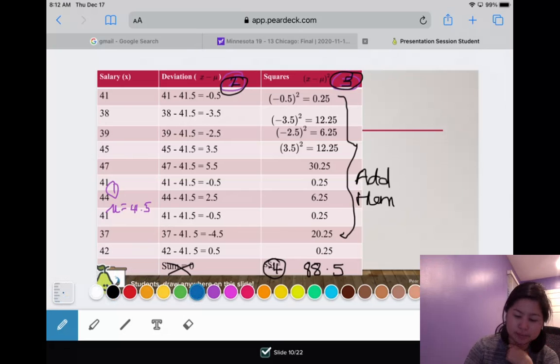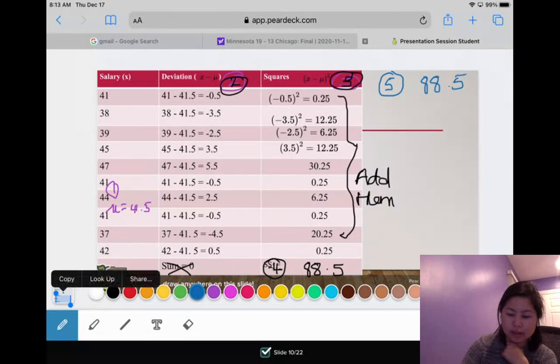Then step number 5. What I do with step number 5 is I take whatever I have from step number 4 and divide by n. So I'm going to take 88.5 divided by, in this case, n is a population, which I have 10 people.